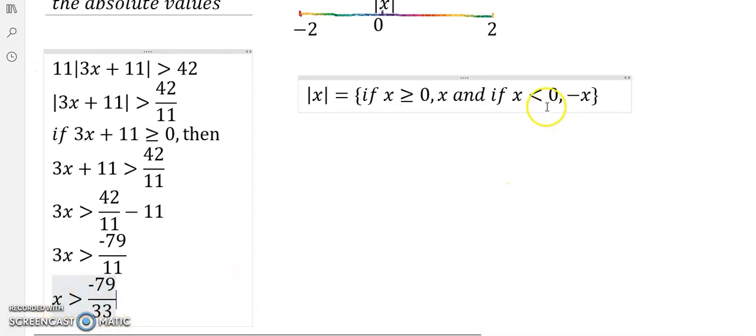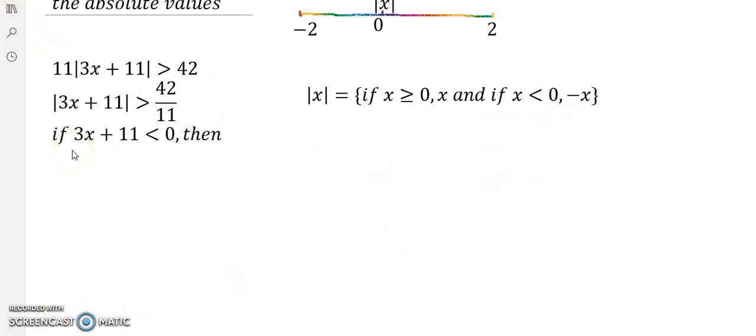Then we still have the other condition. The second condition is when 3x plus 11 is less than 0, meaning that the absolute value this time will be negative, because all numbers that are less than 0 are negative. Then the absolute value of 3x plus 11 will be negative.